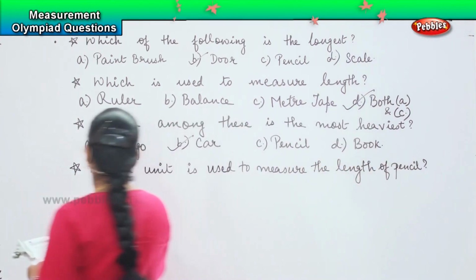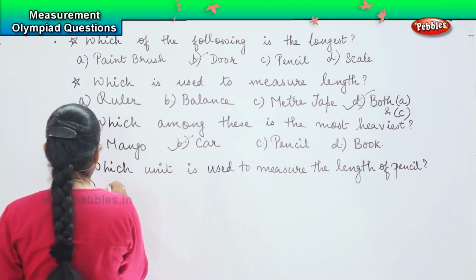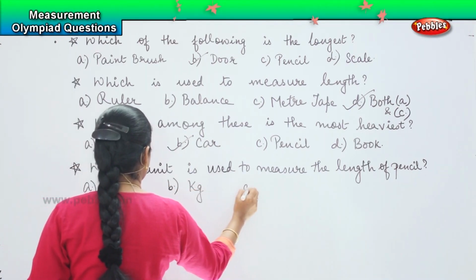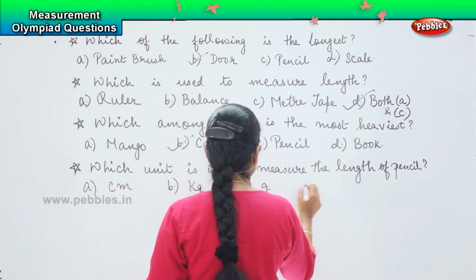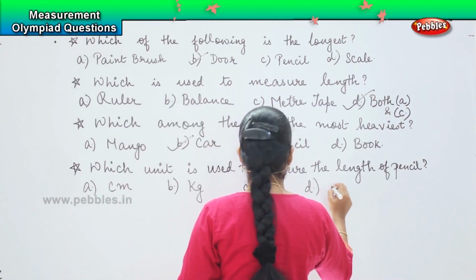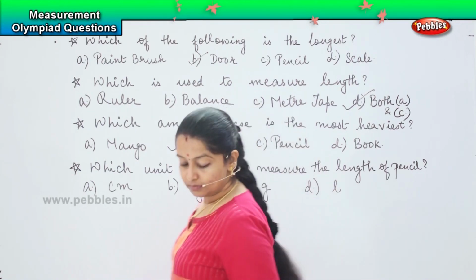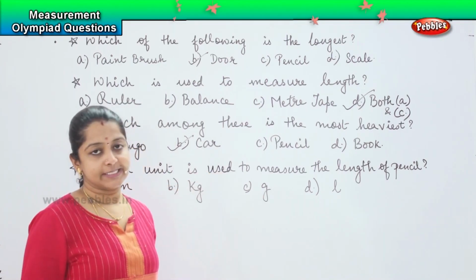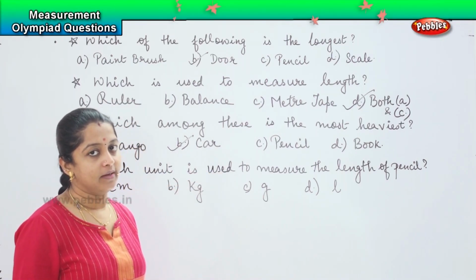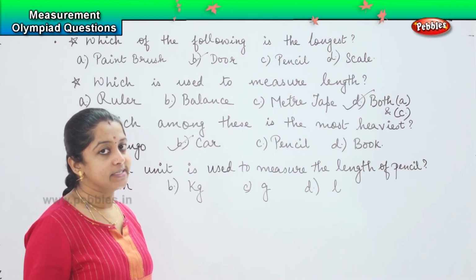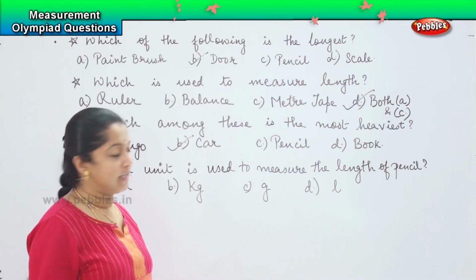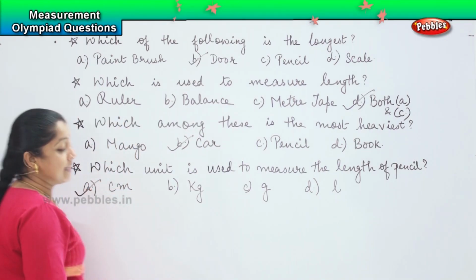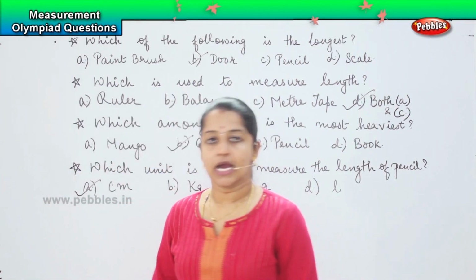Okay, and your options are A centimeter, B kilogram, C gram, and D liter. So which is used to measure the length of the pencil? When I say length of something, I told you earlier that it is either meter, centimeter or kilometer, right? So here which do you think is the right answer? Yes, option A, centimeter is the right answer.